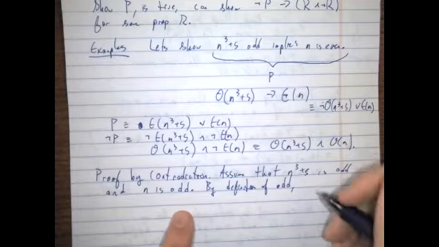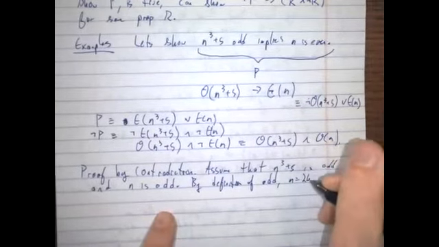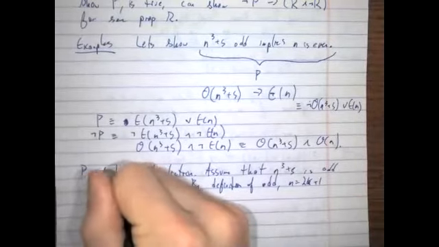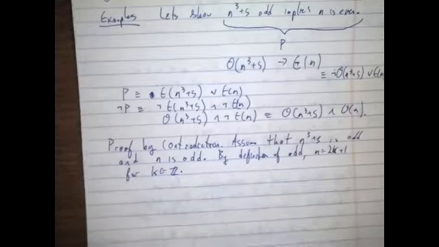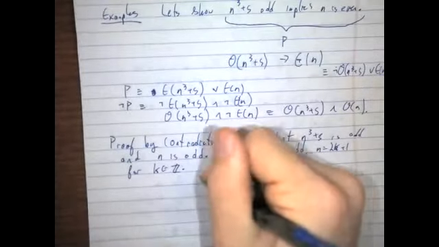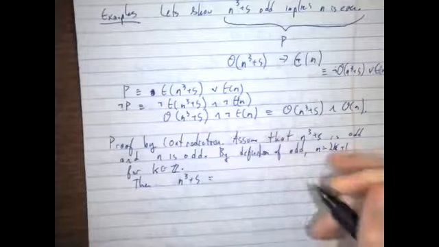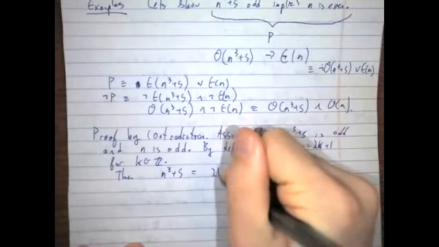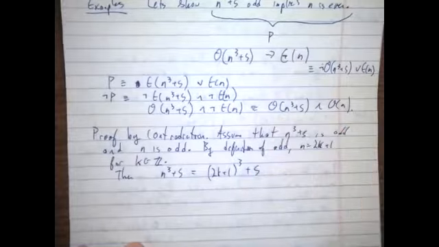Set it equal to 2k plus 1. Perfect. n is equal to 2k plus 1 for k in Z. And now I can compute this thing right here. So then n cubed plus 5 is equal to, well, 2k plus 1 cubed plus 5.